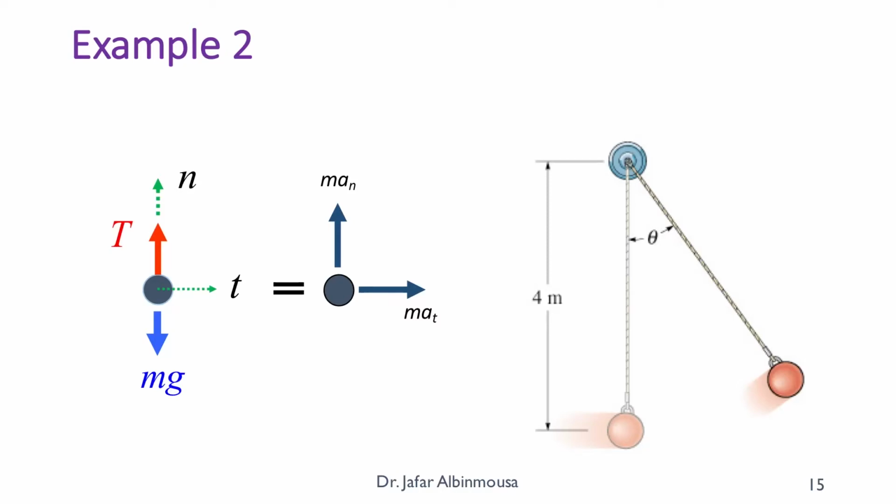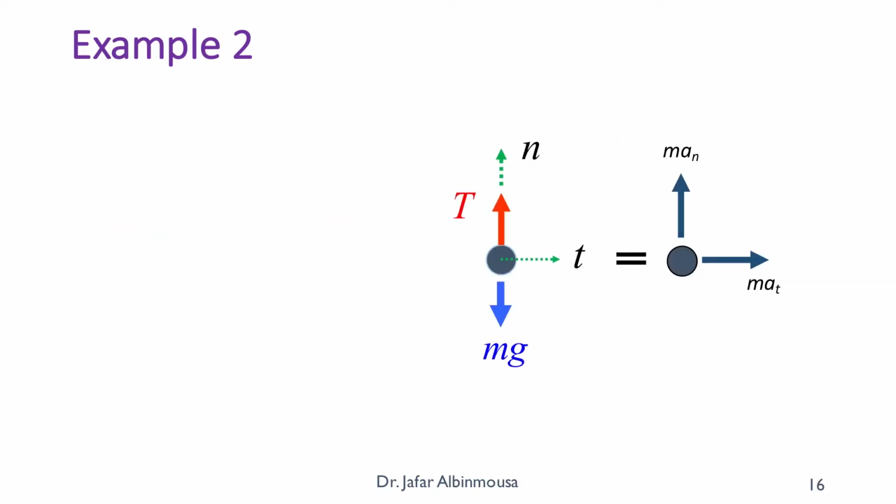Now for the kinetic diagram, as a resultant of these unbalanced forces, we are going to get two kinds of acceleration, m·at and m·an, which are acting in the tangential and the normal directions.